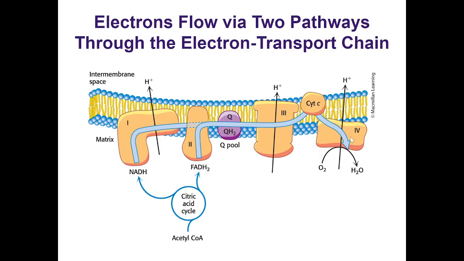These are going to go into complex 4, providing that energy. And that is going to be where we actually get the oxygen going to H2O. And again, each of these, complex 1, 3, and 4, are going to be pumping protons. What about complex 2? Is that pumping protons? No. Okay.